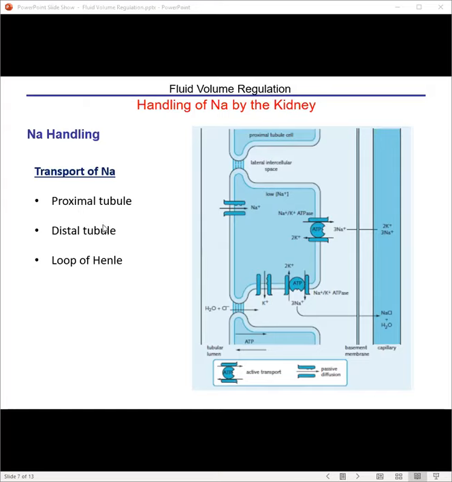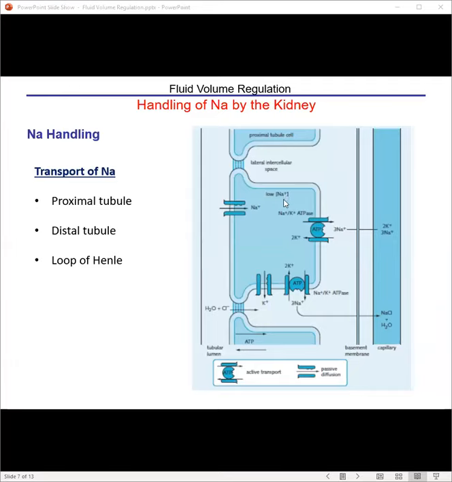So let's take a look at how sodium is transported in the proximal tubule. There are several segments. You have your proximal tubule, then your distal tubule, and of course your loop of Henle, where there are active metabolic processes that transport sodium. Let's first take a look at your proximal tubule.